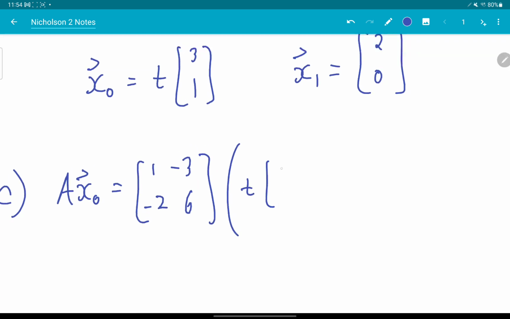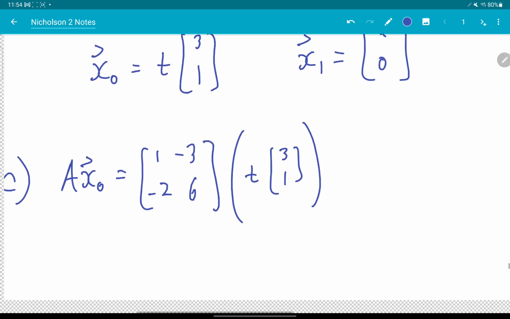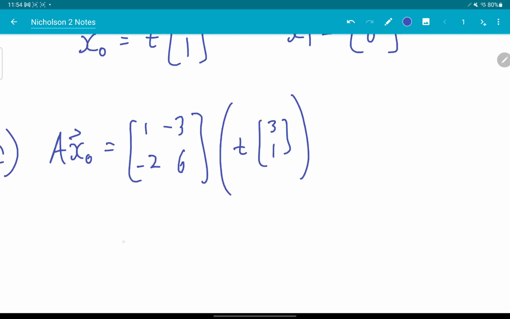I'll go with the t. Now we'll use our fancy trick here to make the t move out front. Your alternative is to put the t in and then do this multiplication. I think that's unpleasant, but strictly speaking, not wrong.